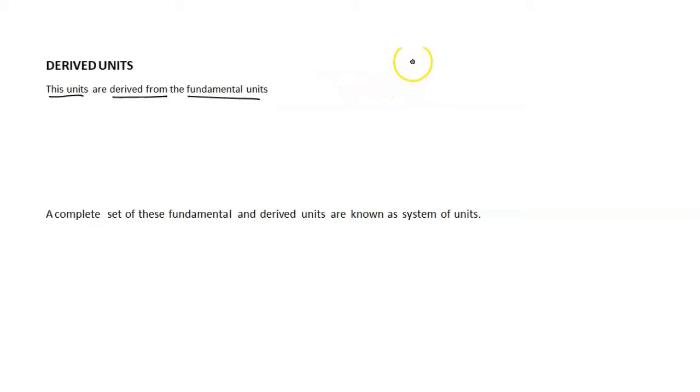So we already know there are four fundamental units for four different base quantities, and the units which are derived from the fundamental units are called derived units. There are n number of derived units. Only four base fundamental units are there. All other units other than the fundamental units come under derived units.